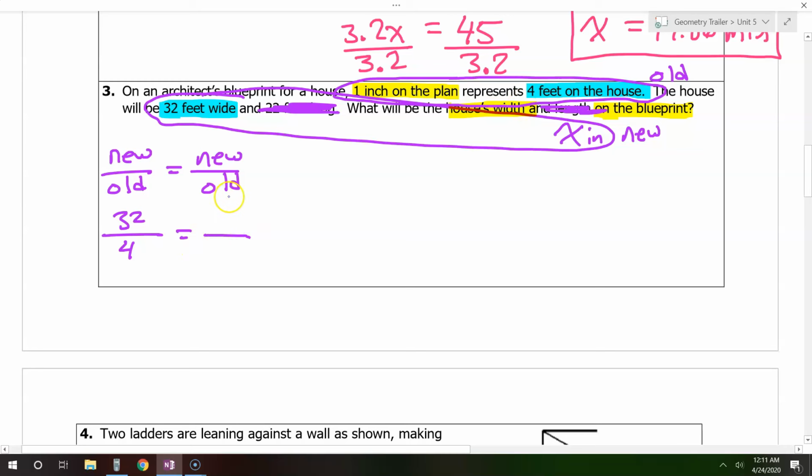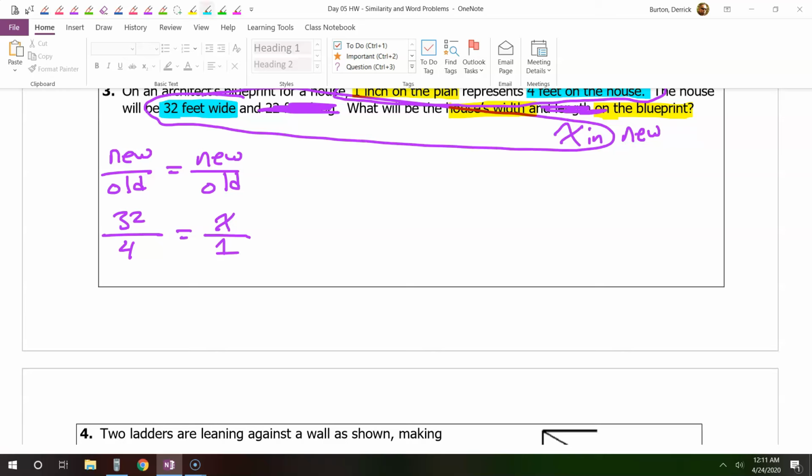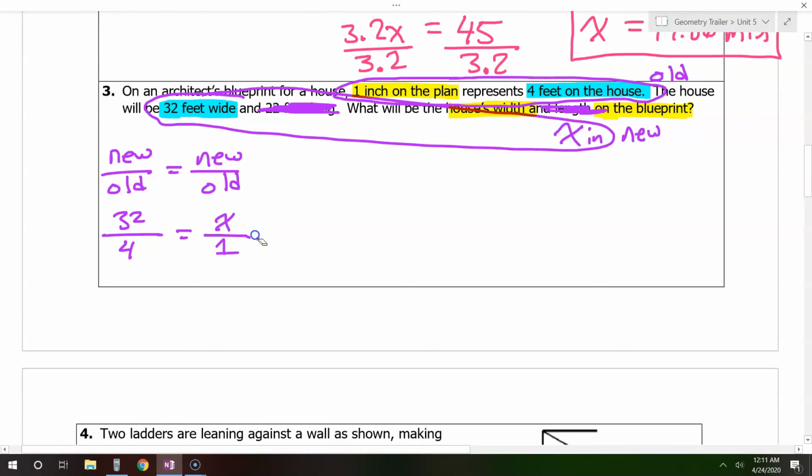Now let's do inches on the plan. That's going to be x inches on the plan over 1 inch on the plan, X over 1. When something is over 1, you don't even have to put the 1.